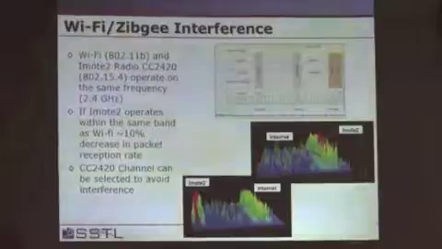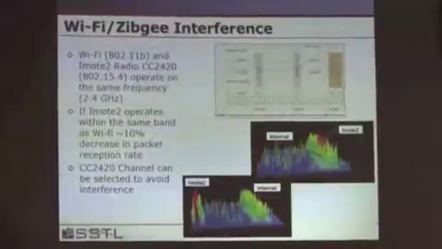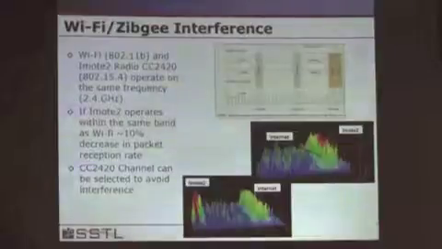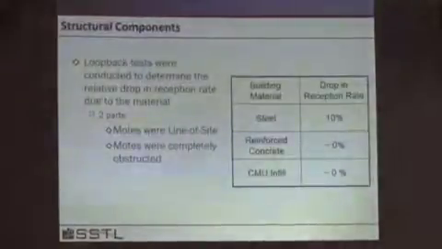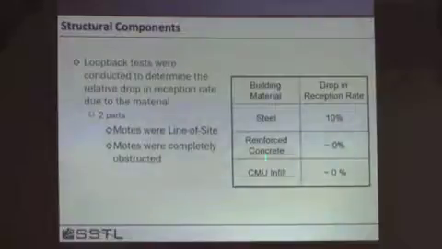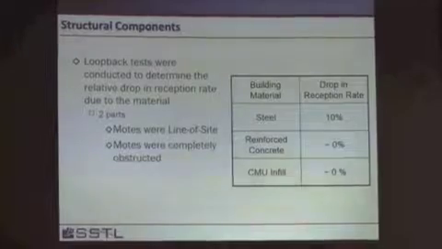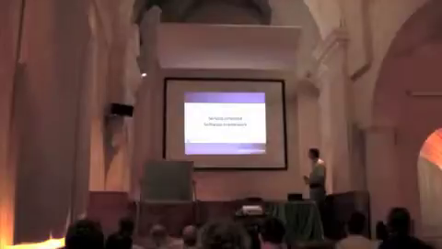So all of these types of issues with regard to the radio had to be understood to make use of the hardware. This just shows the attenuation of the signal for steel, reinforced concrete, masonry units. And so in general, steel structures are not easy to use these on, but they can be if you use them appropriately.